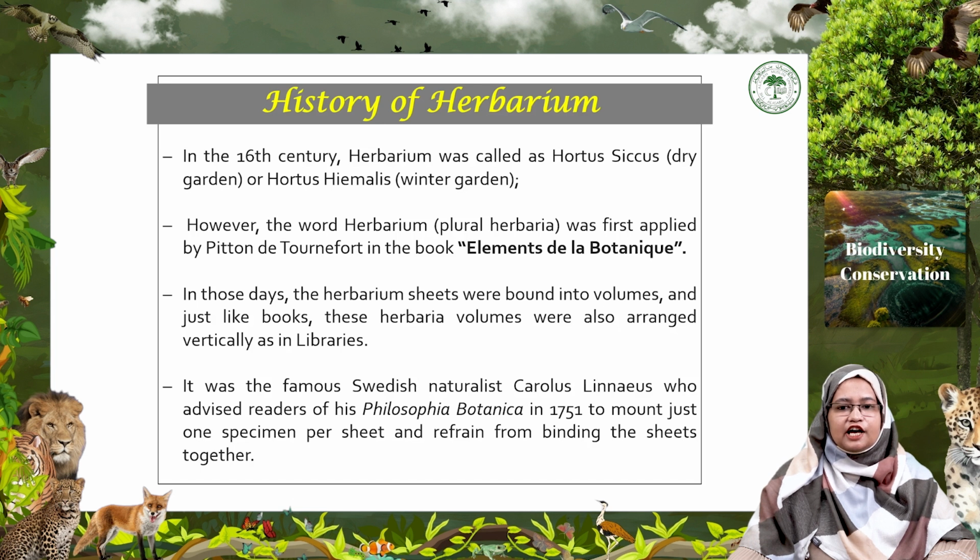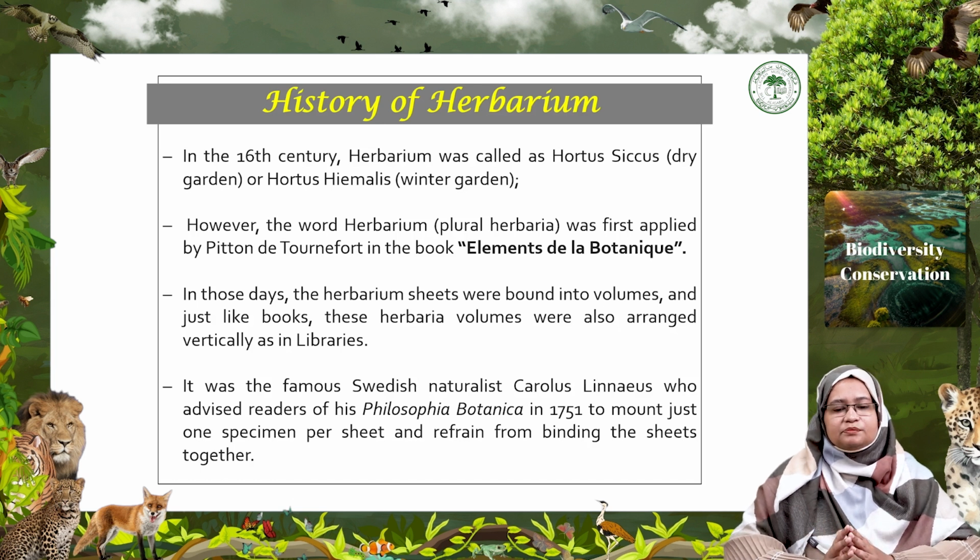In those days, the herbarium sheets were bound into volumes, and just like books, these herbarium volumes were also arranged vertically as in libraries. So it acts like a book, as we have seen in the pictures with Luca Ghini. These are the type of herbaria which were prepared in the form of books and in volumes.